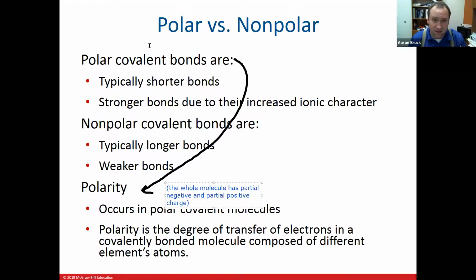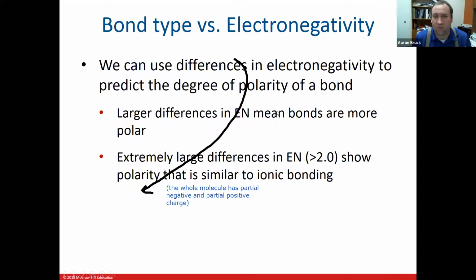And this is driven by, I have to have polar bonds. And if I have polar bonds, then I need to have those polar bonds arranged in such a way that I can get a negative side and a positive side. And so molecular polarity tends to give us some very unique properties in molecules, in terms of the kinds of things that they dissolve in, the kinds of boiling point temperatures that they have, and so on.